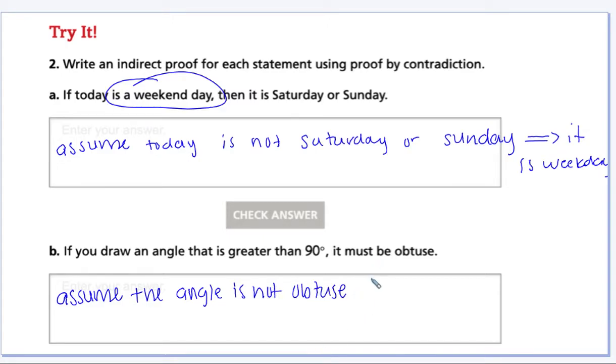If the angle is not obtuse, then the measure would have to be less than or equal to 90. That contradicts the fact that the angle that I just drew was greater than 90. So the assumption is not true, which means the original statement must be true.